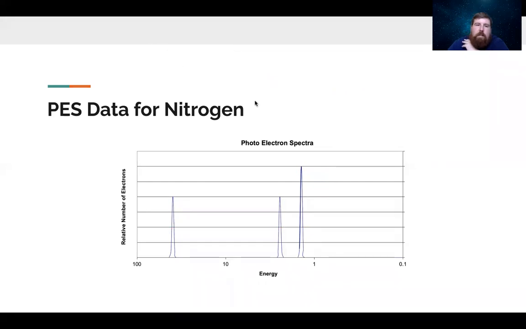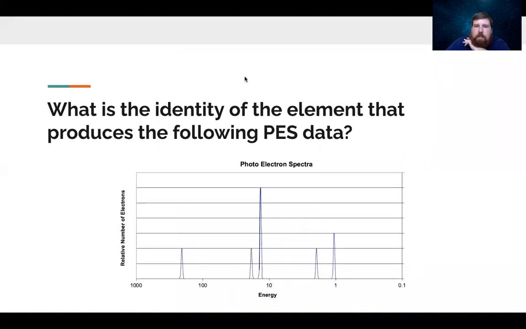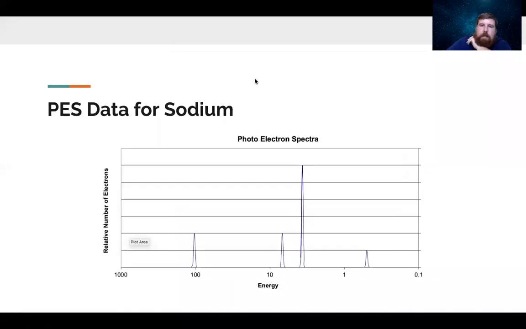Let's go ahead and check out the photoelectron spectrum data for sodium. So sodium, the electron configuration is going to be 1s2, 2s2, 2p6, 3s1.